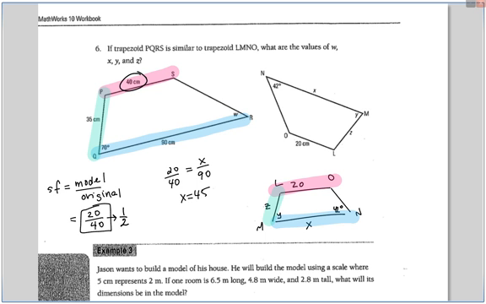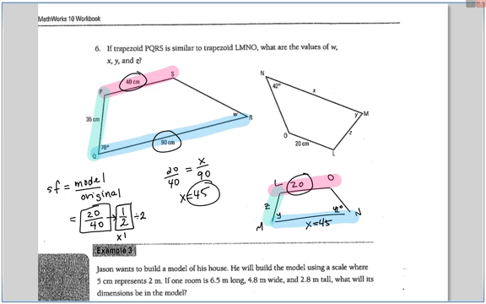You can see 40 goes to 20, 90 goes to 45. They're being cut in half or divided by 2, which is exactly what this scale factor says. 1/2 means times 1/2 is identical to dividing 2. So for this 35, all I have to do is divide by 2, and I know that Z is 17.5.